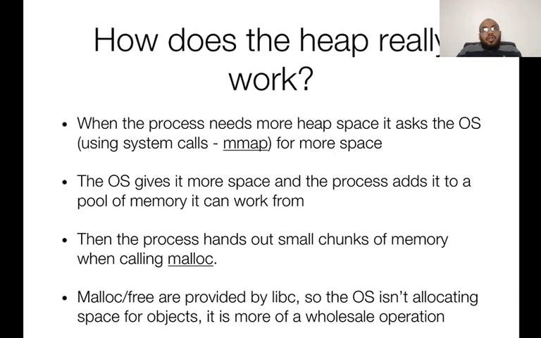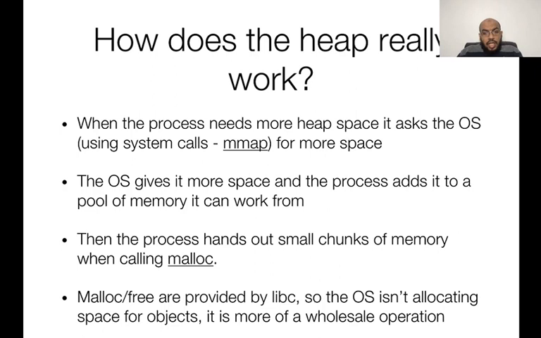So now the process can call mmap to get new heap space every now and then. So you add to your heap space, and then you need to keep track of where your heap space is, because it's fragmented over multiple segments. The process hands out small chunks of memory when calling malloc.